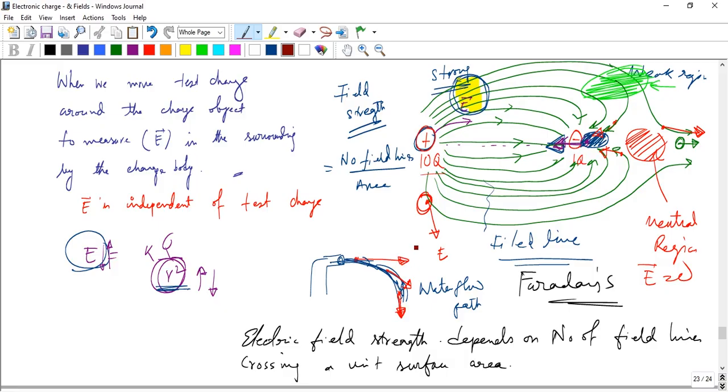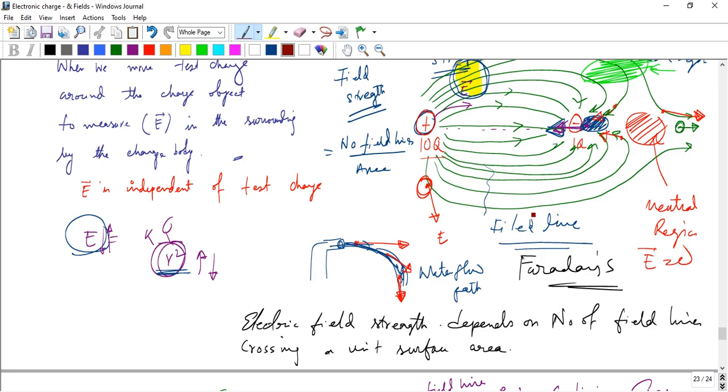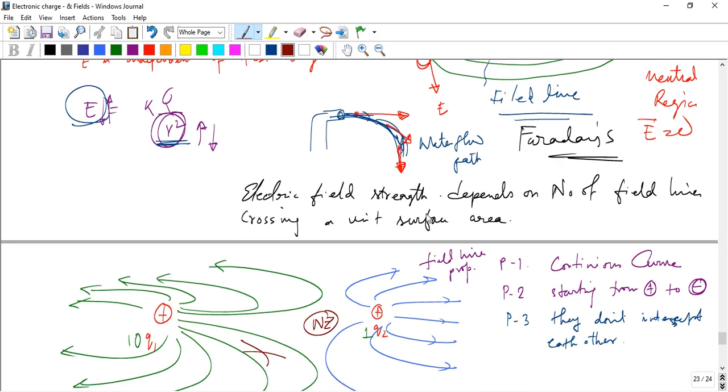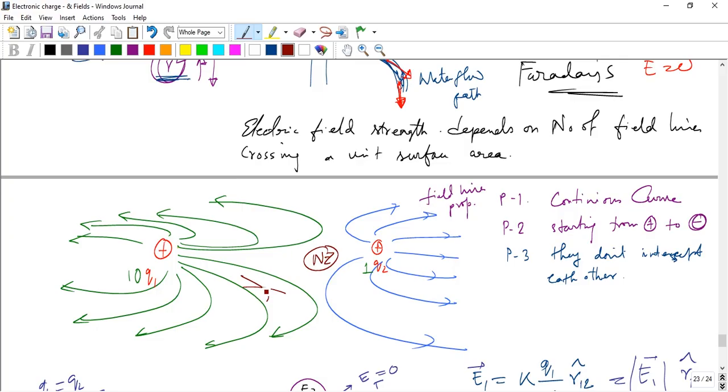Similarly, the tangent at any point on a field line gives the electric field direction at that point. If two lines intersect, drawing tangents at that point would give two different directions, which is not possible.